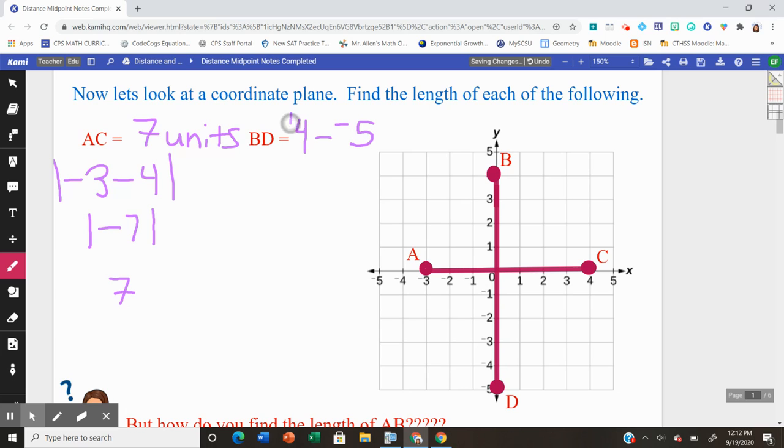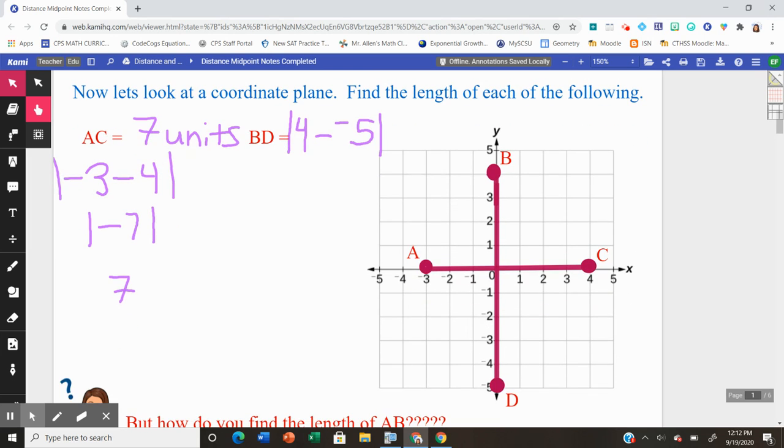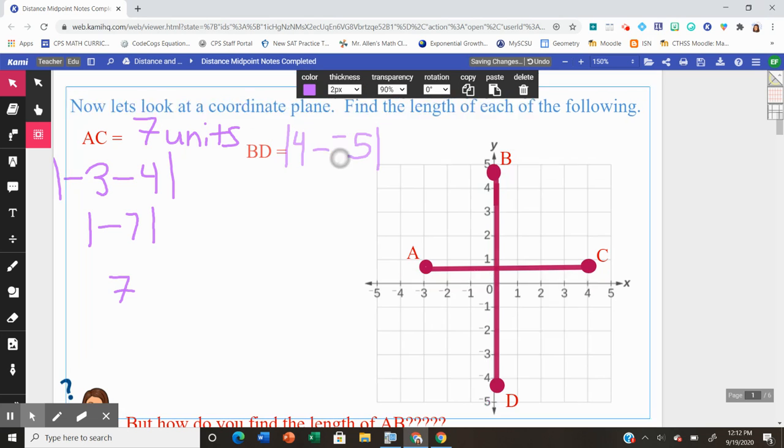Again, it's got to be the absolute value of that, right? Let me move this so we can put our final answer in that last spot there. And then be careful when you're subtracting negative numbers.